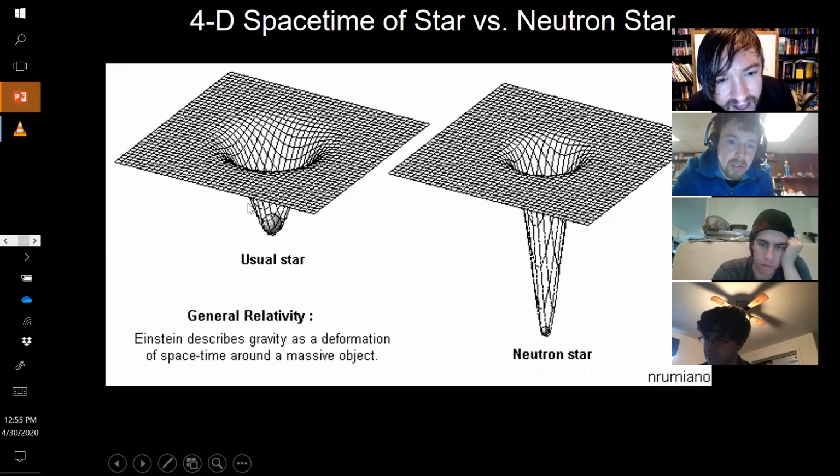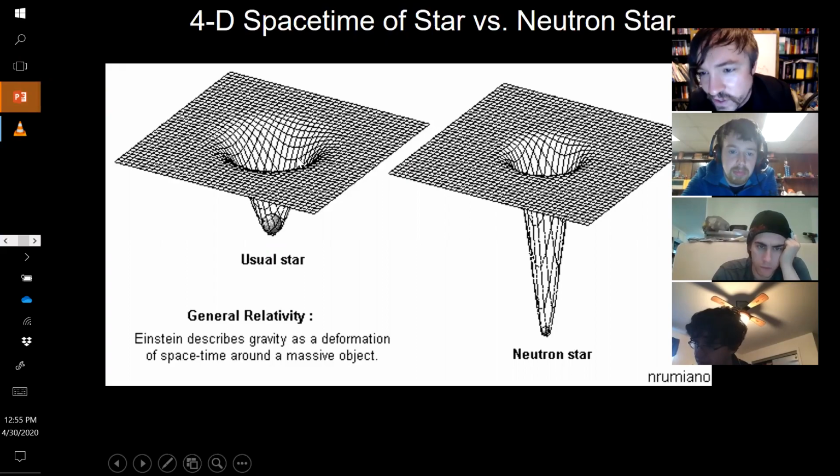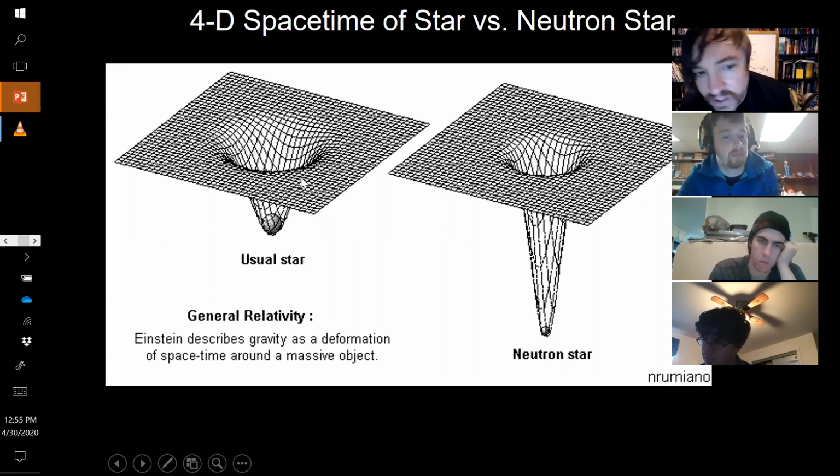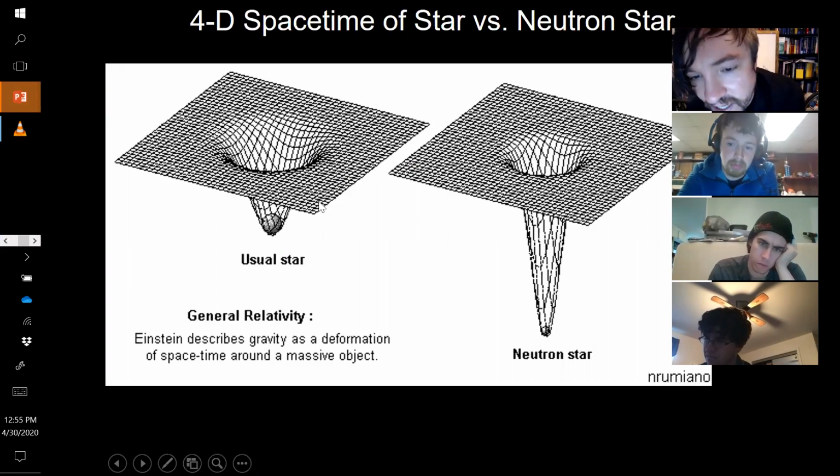So you can think of the gravity of our own star as being a mild warping of the coordinates of space and time. You'll remember in our GR calculation, we tried to do gravitational time dilation for the Earth, and we found that there was virtually no gravitational time dilation for a mass such as Earth. And you'd find the same thing for an object the size and mass of our sun.